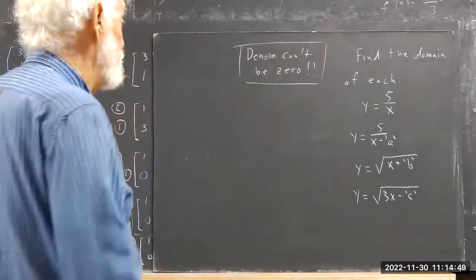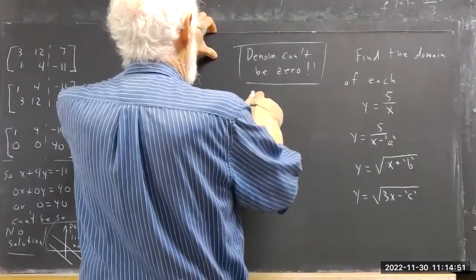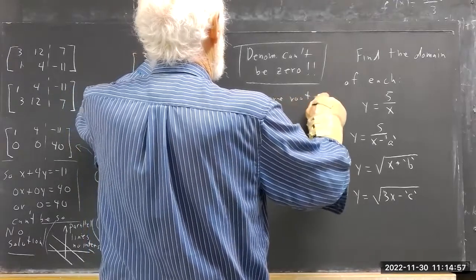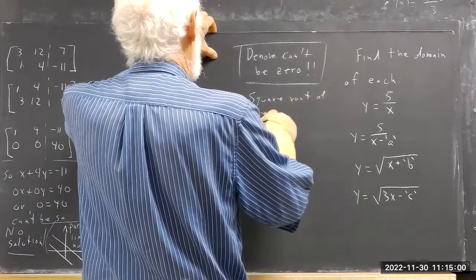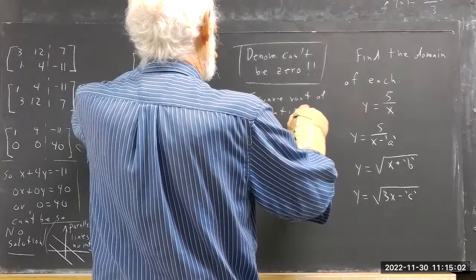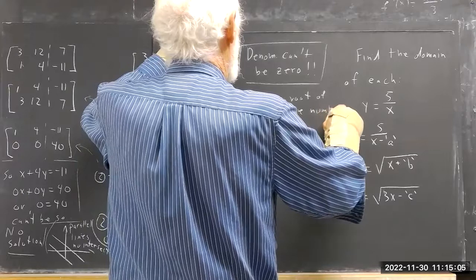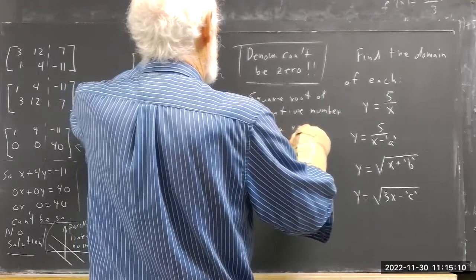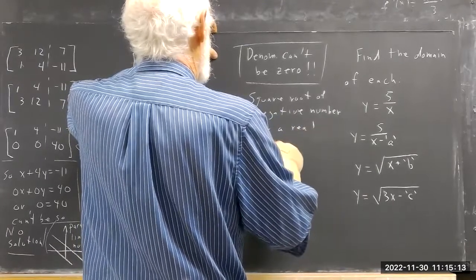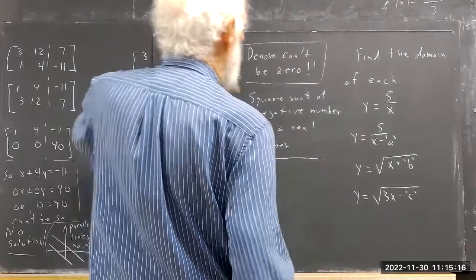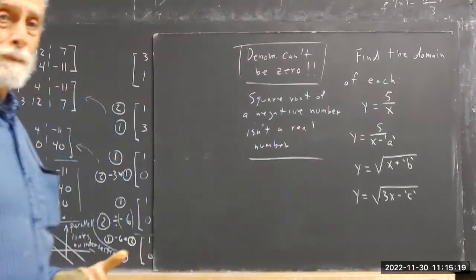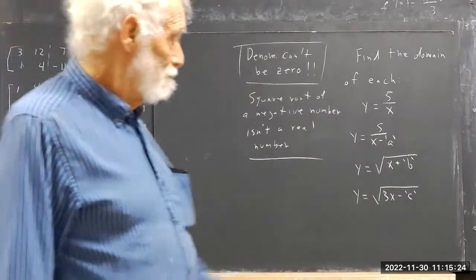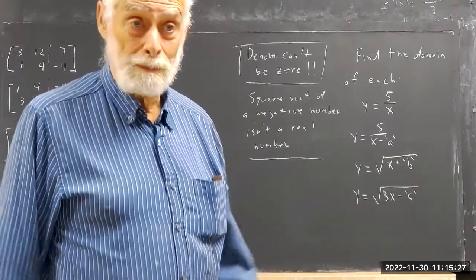And the square root of a negative number isn't a real number. So if we're talking about functions that give you real numbers, what's under the square root sign can't be negative.